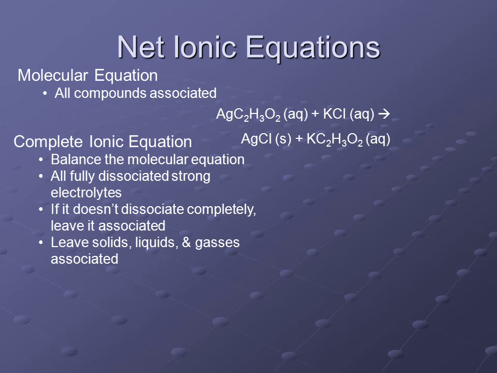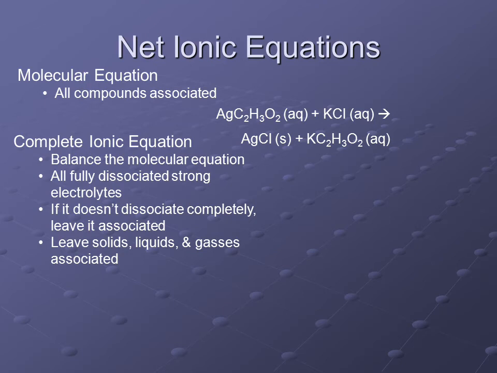If it doesn't dissociate completely, leave it associated. Now remember, things that dissociate but not completely are our weak electrolytes, our weak acids, and our weak bases. Anything that's solid, liquid, or gas, just leave it together.